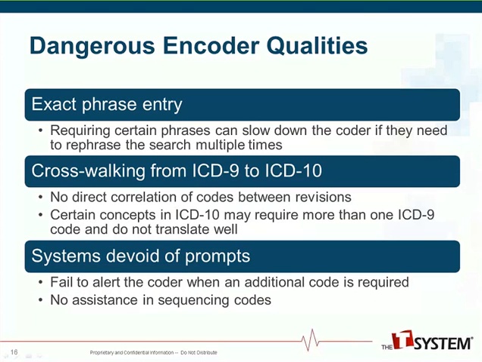And again, one of the concerns associated with ICD-10 is that it's going to take longer to apply a diagnosis code to an encounter. So any encoder product that you're looking at, you want to make sure that it enables the coder to express the condition accurately and efficiently. If you're having to rephrase something, that's not efficient.